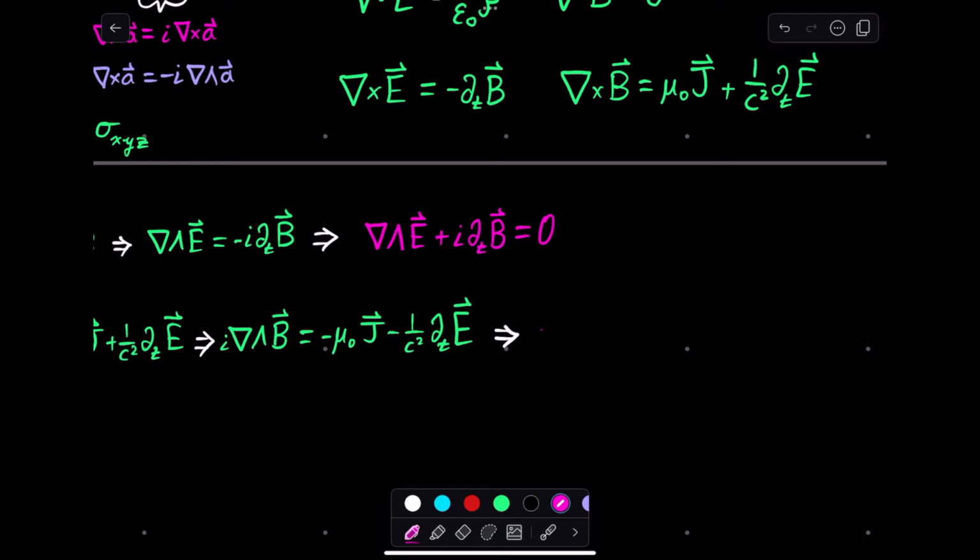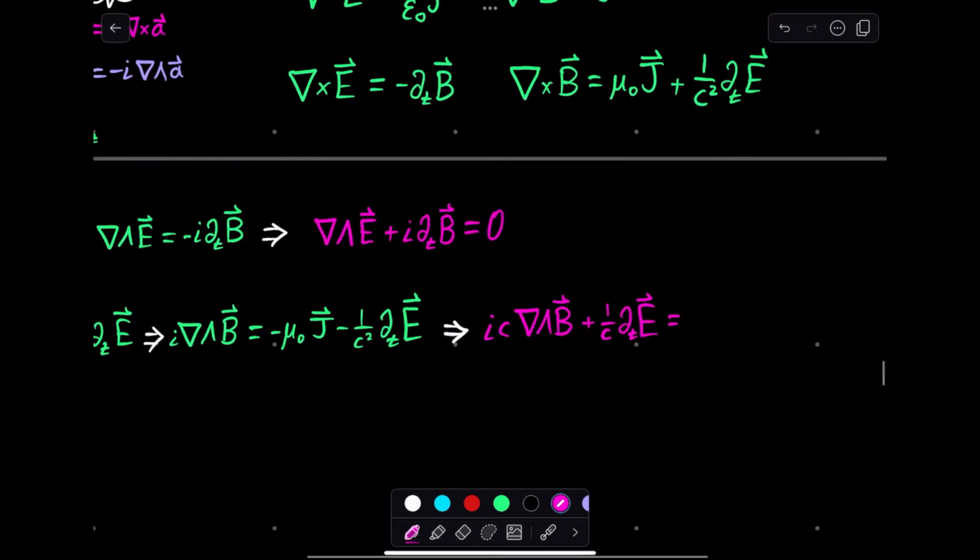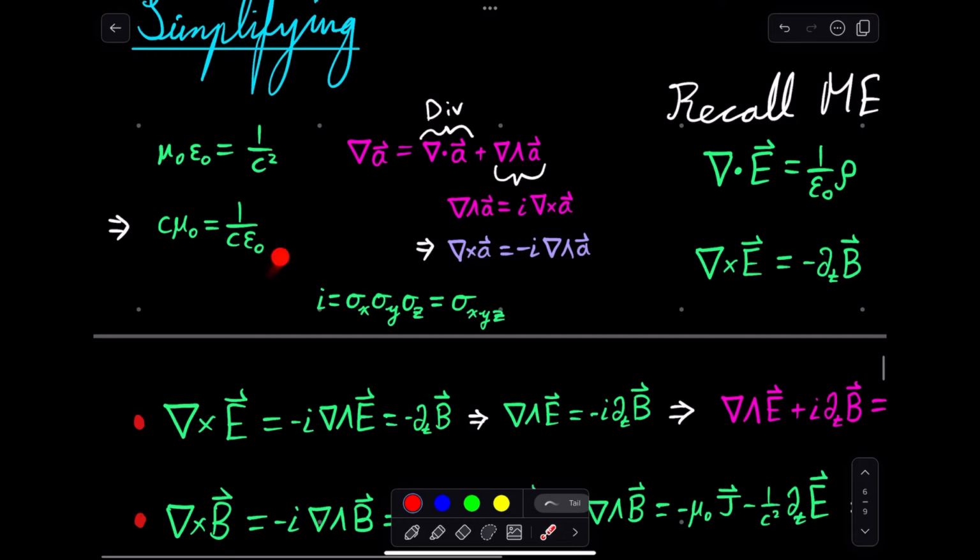So finally, we end up with IC wedge curl of B plus 1 over c partial of time of E is equal to minus c mu naught J. Now this c mu naught right here is equal to 1 over c epsilon naught.